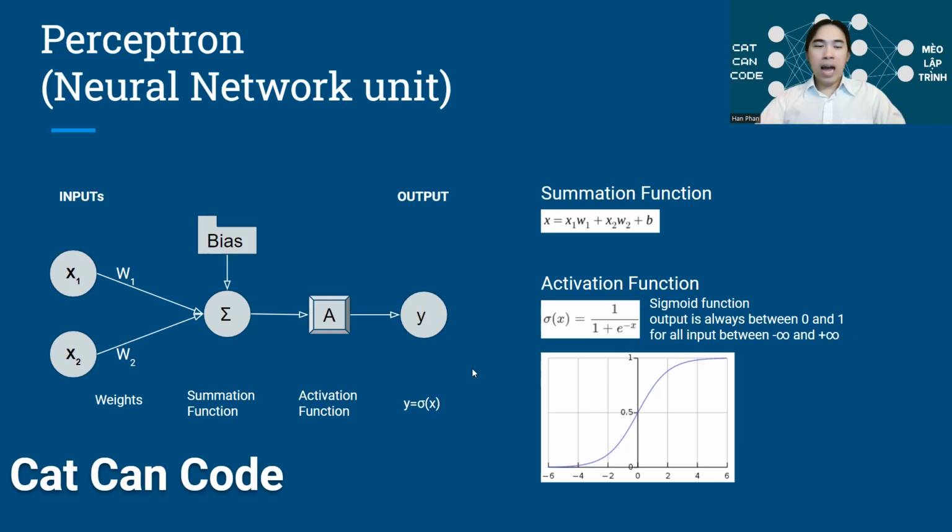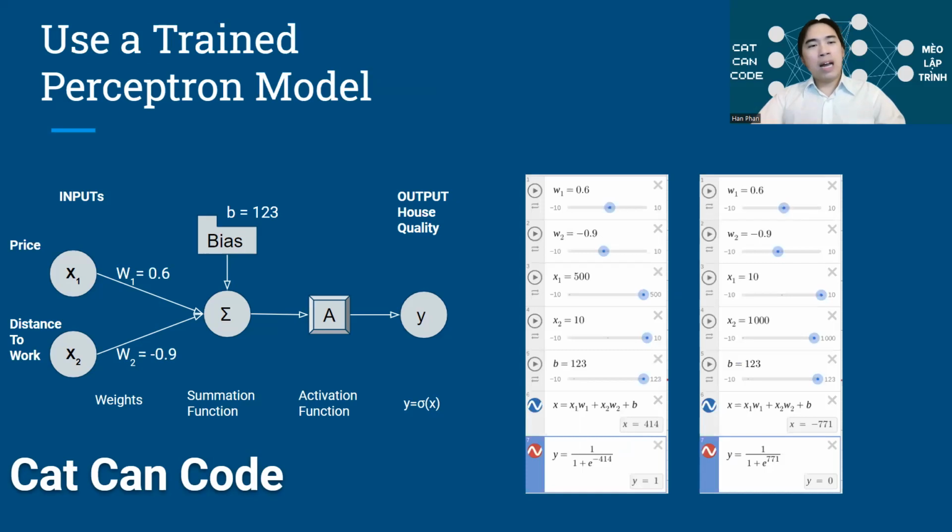Okay, so that is the structure of a neural network unit, a simple illustration of a perceptron. So let's see how it works. Let's assume that I have already trained a perceptron model. As you already know from my previous slide, the model itself has some parameters, and the parameters dictate how the model behaves.